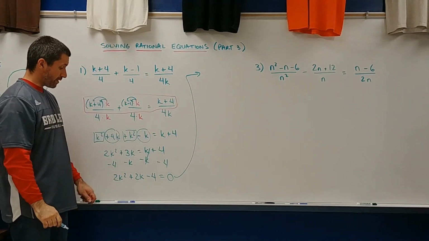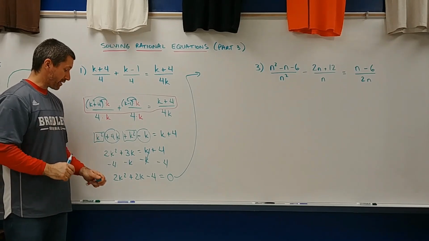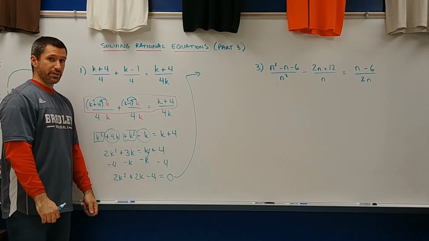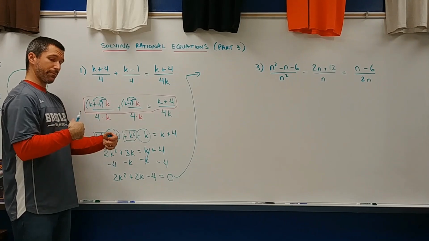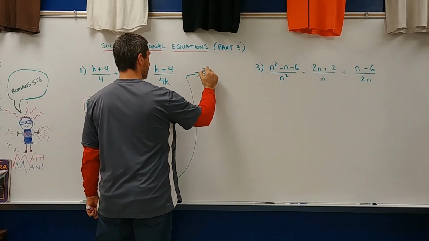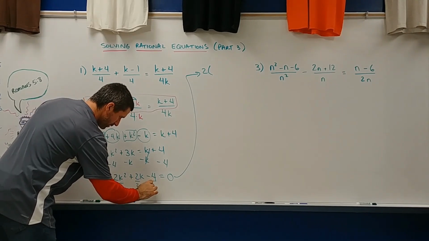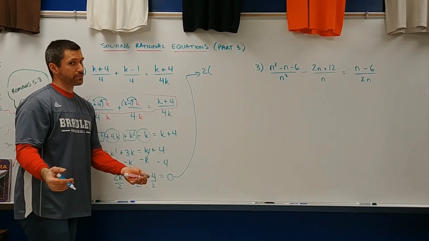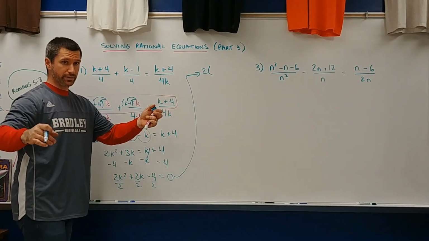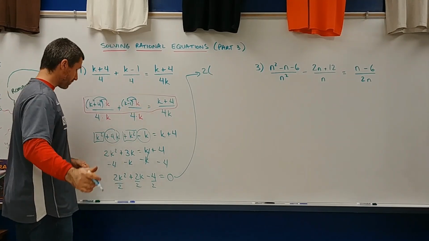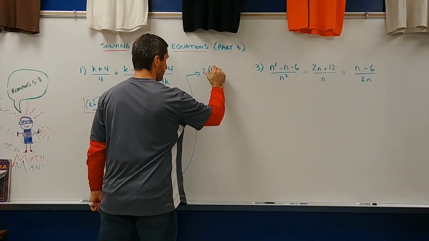Now, what jumps out at me in this now quadratic is that we have a GCF of 2. So yeehaw, go by the 2. Divide every term by 2. Now, if you're doing quadratic formula, you don't have to do this, right? Just go for it right now on your own. See what you get. But I like it this way.